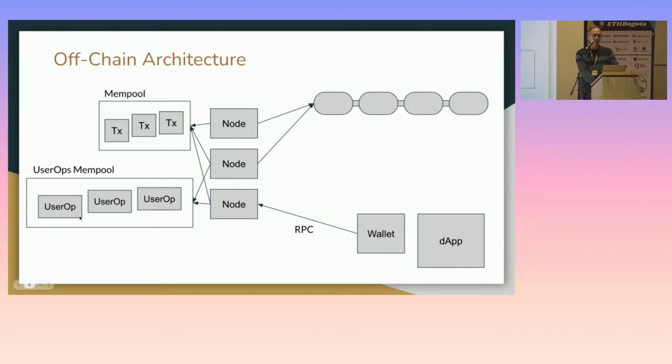User operations come from a separate mempool. So when a wallet sends a user operation into some nodes and bundlers, it will get into the network. Yes, we would like all the nodes in the system to support user operations and account abstraction, but the system will work fine even if only part of the nodes support it.